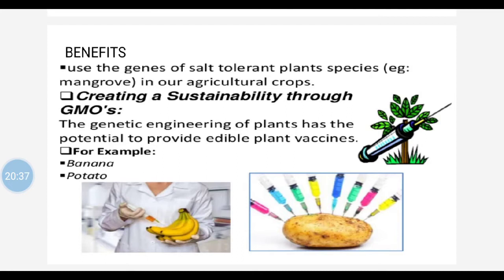Then use the genes of salt tolerant plant species, for example mangrove, in the agricultural crops, isn't it?